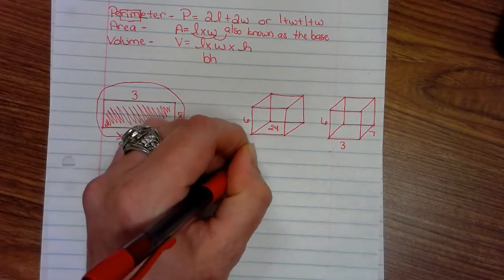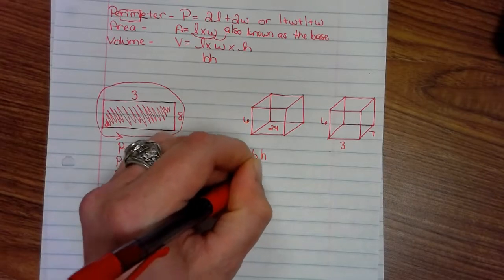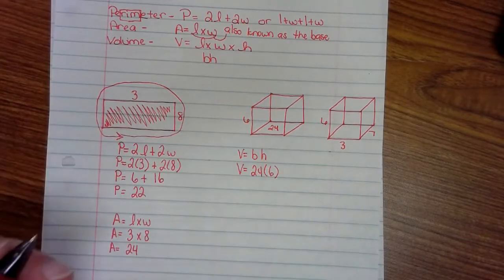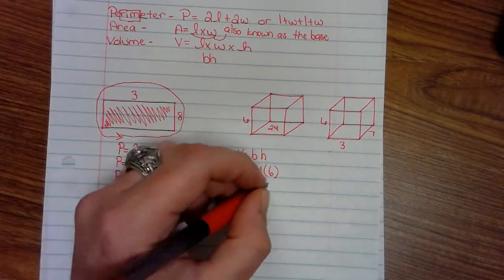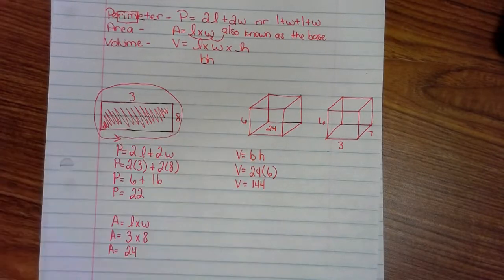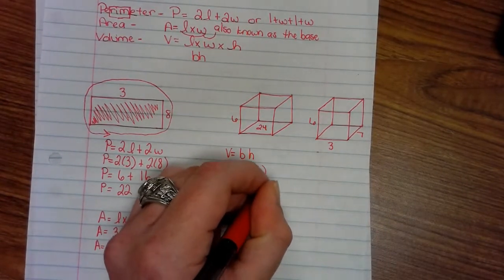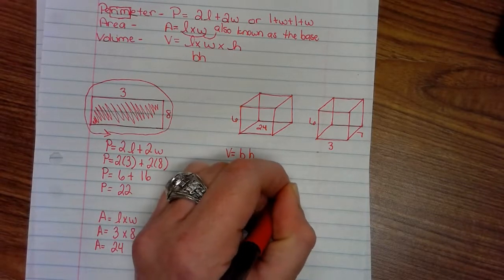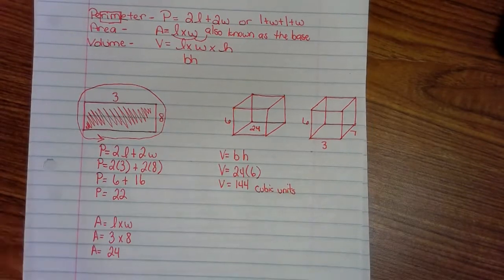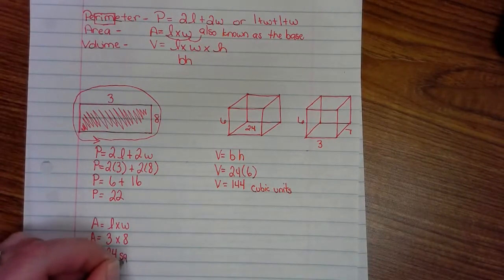V equals B times H. V equals 24 times 6. Volume is 144. And whenever I report volume, I will report it in cubic units. Every time I report area, I will report that in squared units.